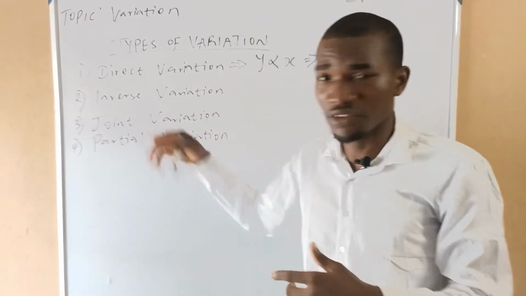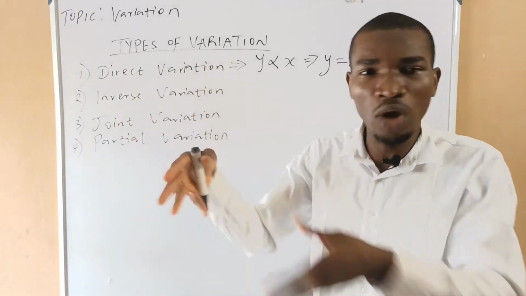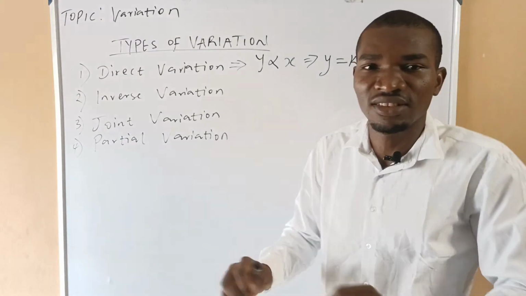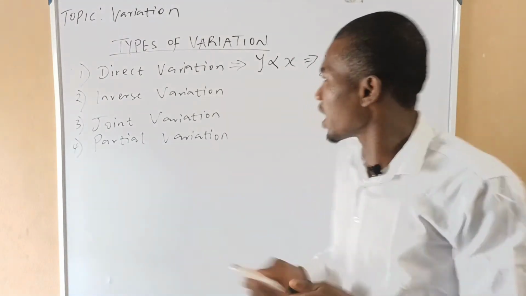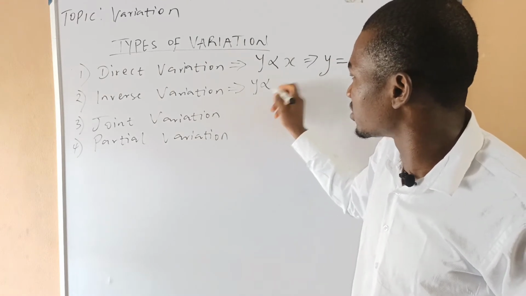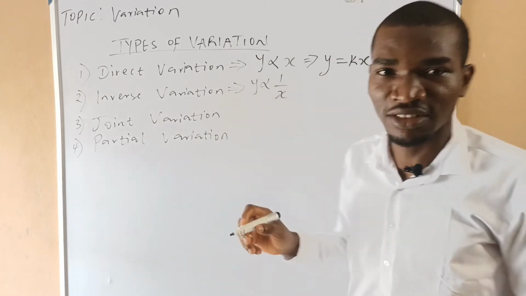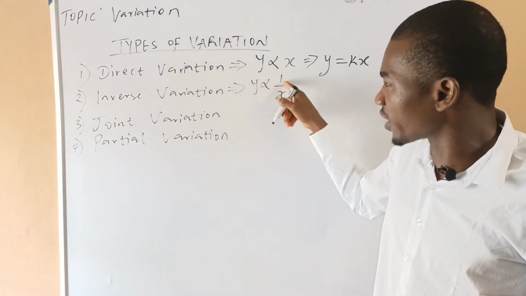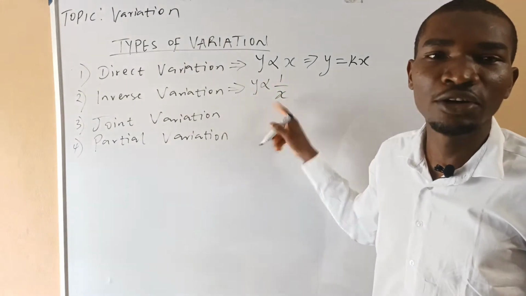But in inverse variation, the increase in one of the quantities results in the corresponding decrease in the other quantity. So if we have an expression of the form that y is inversely proportional to x, we can easily interpret this as y is inversely proportional to x.